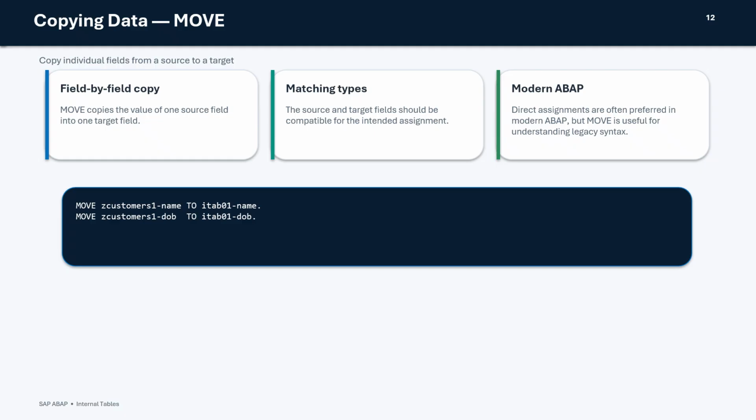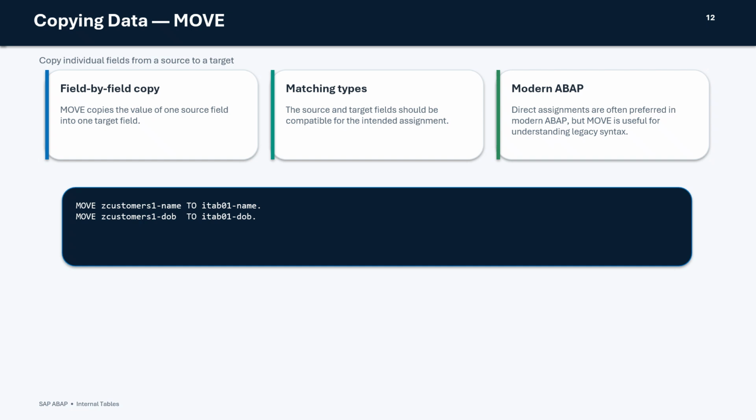Then copying data: how to copy the value from one field to another field. In this example, the customer name is copied from the source structure to the target structure.